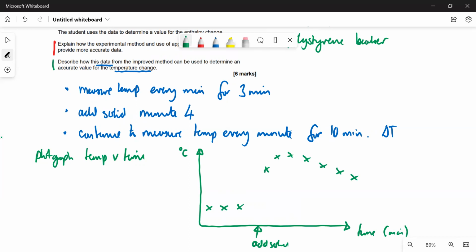And what you should do now is extrapolate two lines. You should extrapolate that one forward, that one backwards, and you would estimate delta T to be there, okay? In doing that, you take into account the fact that the solution is losing heat all the time to the surroundings, and you adjust it for that.